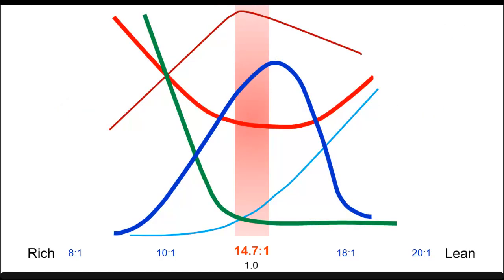Let's add the 5 emissions to our air-fuel ratio or mixture graph. Hydrocarbons, carbon monoxide, oxides of nitrogen or NOx, carbon dioxide, and oxygen.